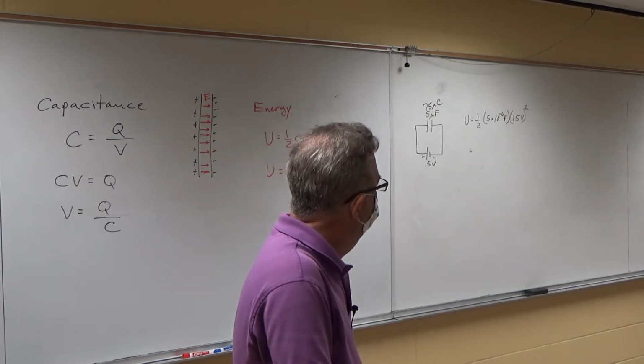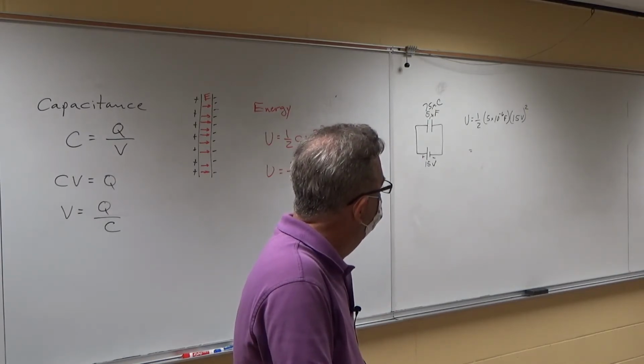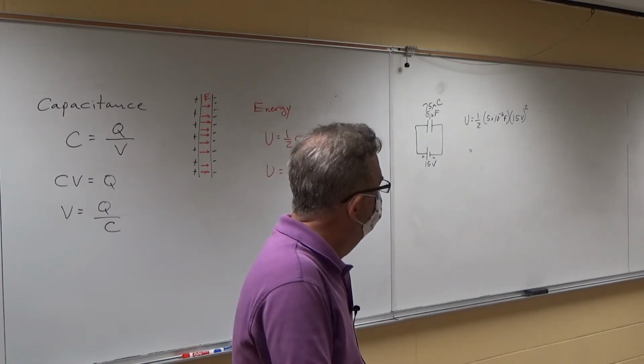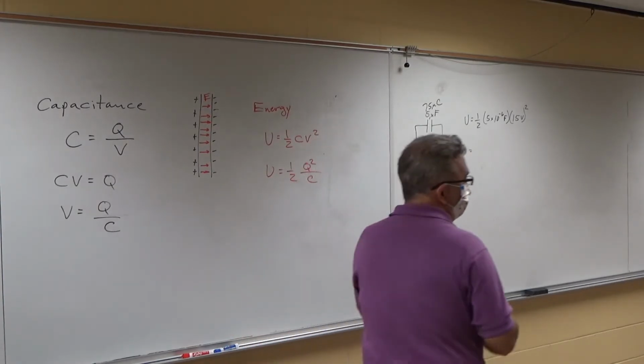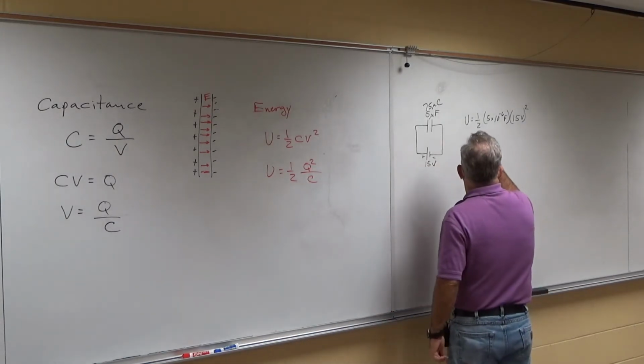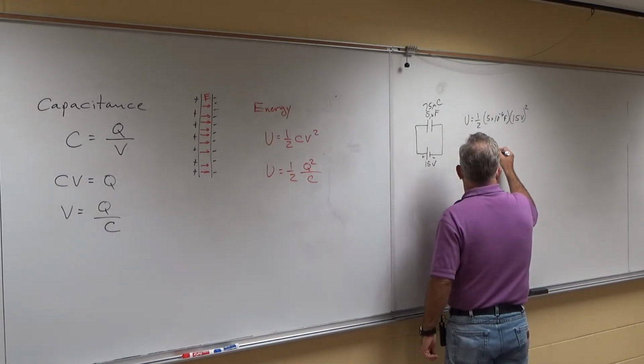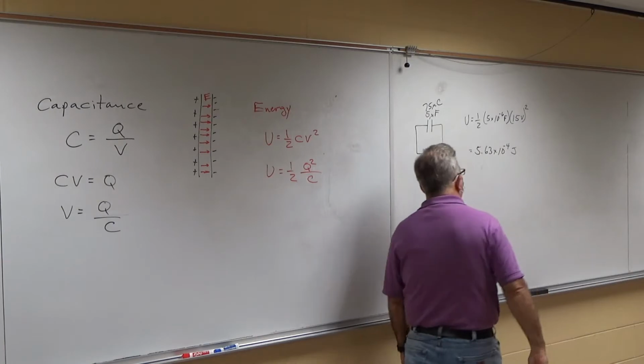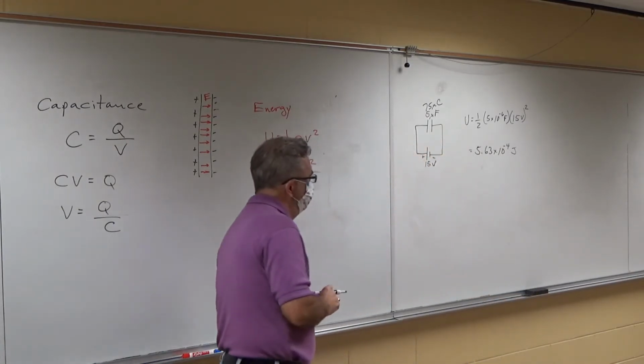11.25, 5 point something. 5.63 times 10 to the negative 4 joules. Okay.